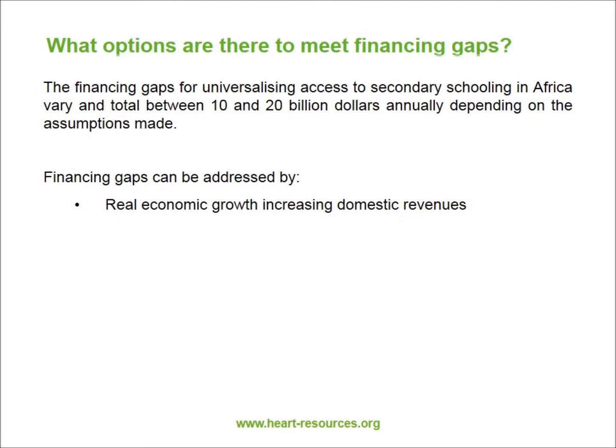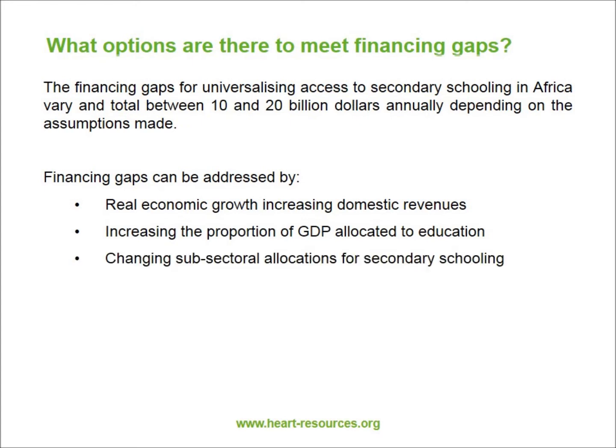The options available, of course, are in one sense fairly obvious, but need to be worked through in the context of different national economies. Real economic growth, of course, increases domestic revenue. You can increase the proportion of GDP allocated to the education system, and you can change the subsectoral allocation. There are some countries which spend more on their university system than on all their secondary schools.